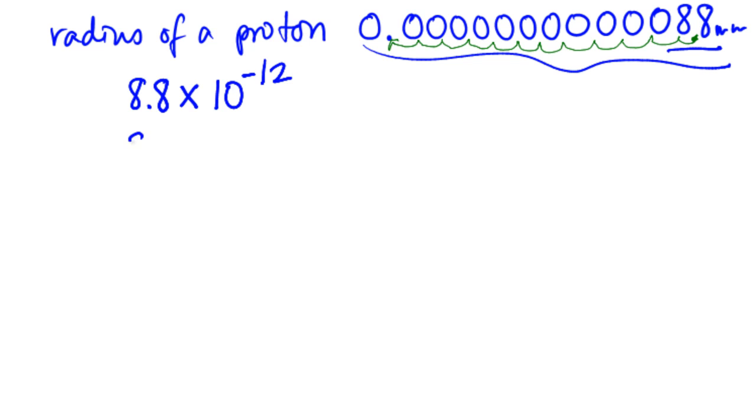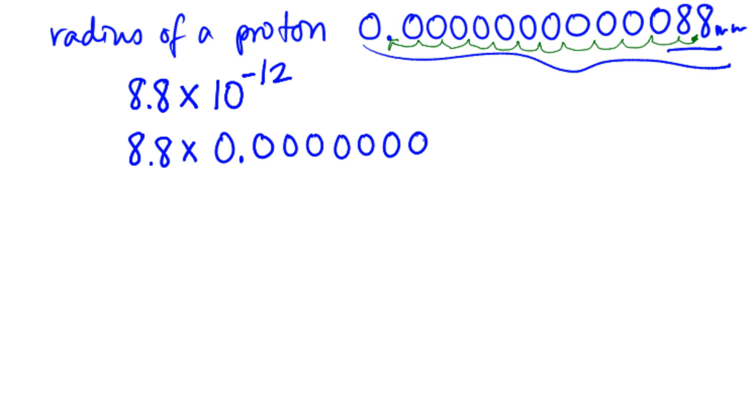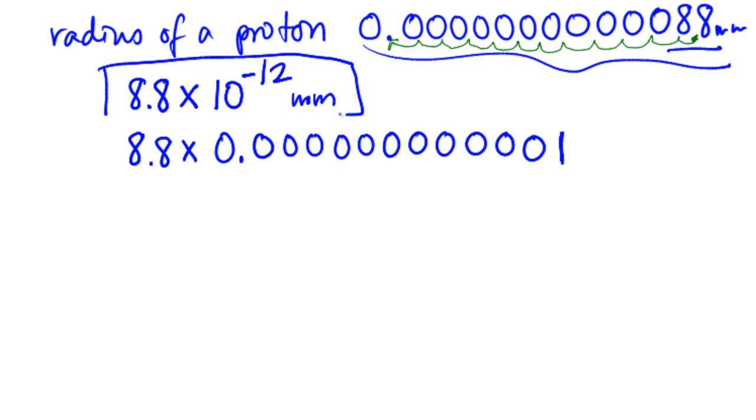We could also think of this as 8.8 times 0.1, 2, 3, 4, 5, 6, 7, 8, 9, 10, 11, and then the 1. So this is a scientific notation way of writing the radius of a proton.